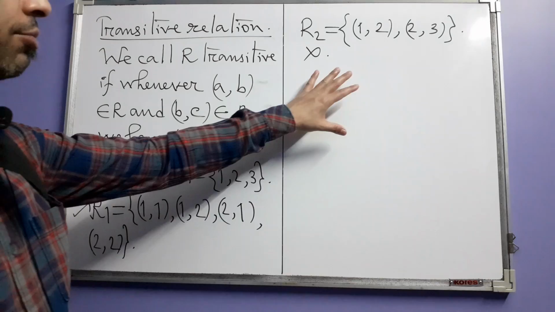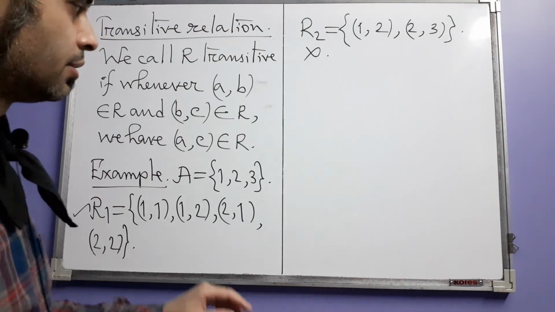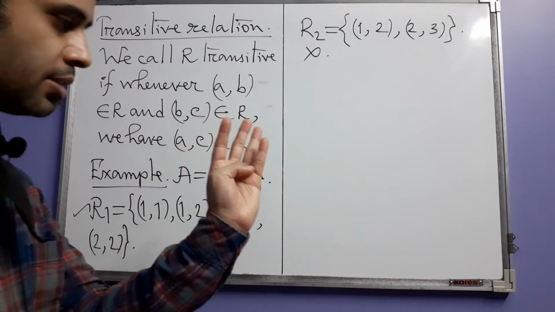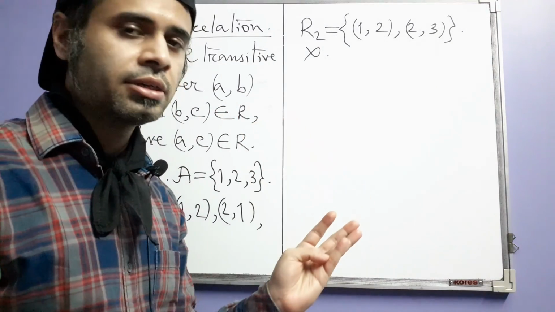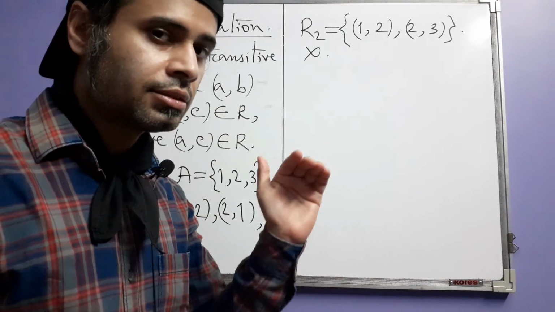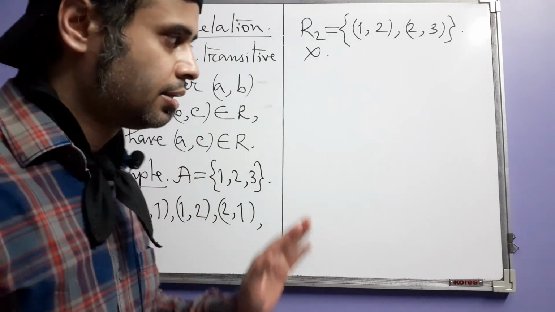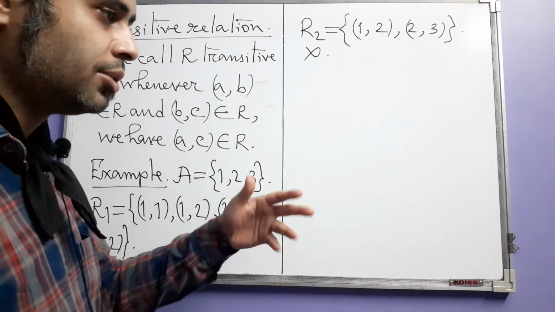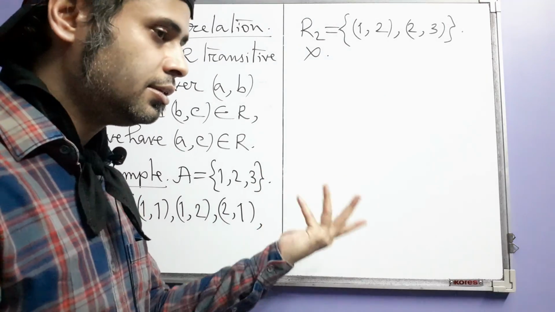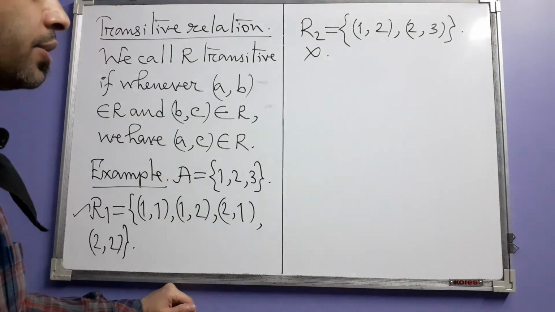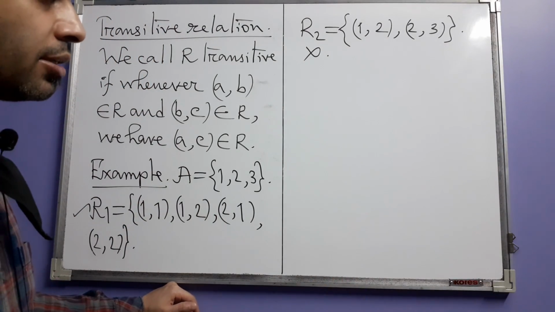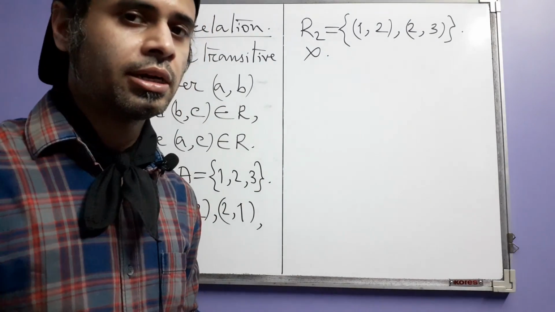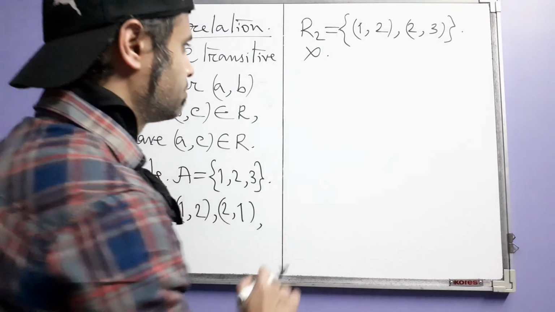And now we come to the final part of the definition. You do understand, I said moments ago, that a reflexive relation, a symmetric relation and a transitive relation, these are three different definitions actually. None of them depends on the other two. Any relation can have any combination of these three things. But if you encounter a relation which has all these three properties, then it's called an equivalence relation.